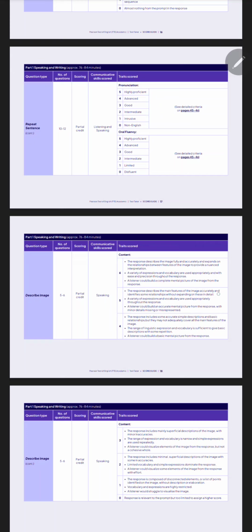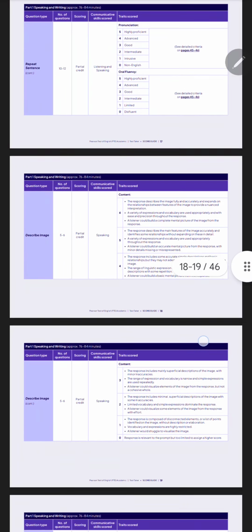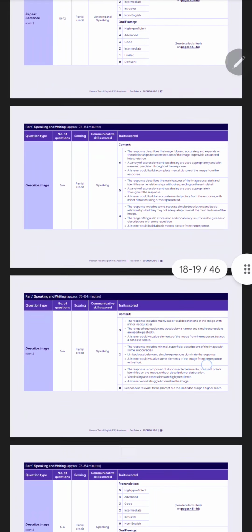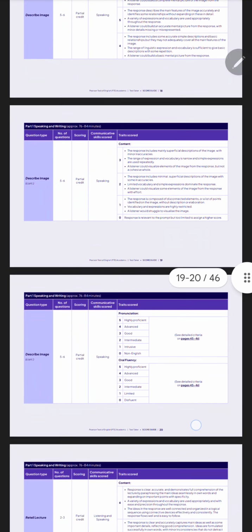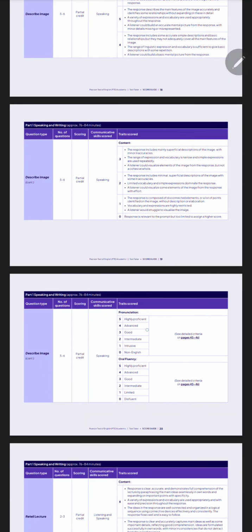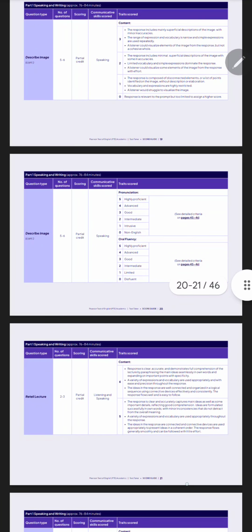A listener could form a complete mental picture of the image from the response. Okay, so that is about the content, and now we have pronunciation and oral fluency, as previously mentioned.